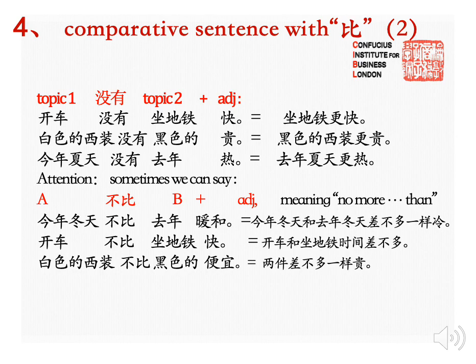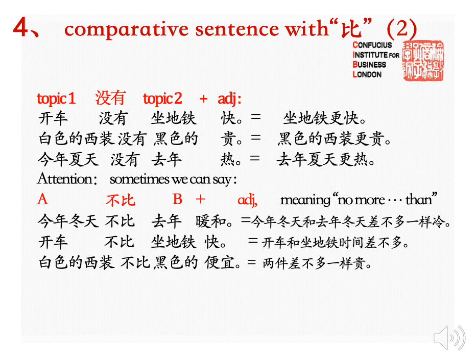Okay, so the negative form, but actually it's not the real negative. The structure is topic A or topic 1, 没有 topic 2, and then adjective. For example, 开车, topic 1, 没有坐地铁快.